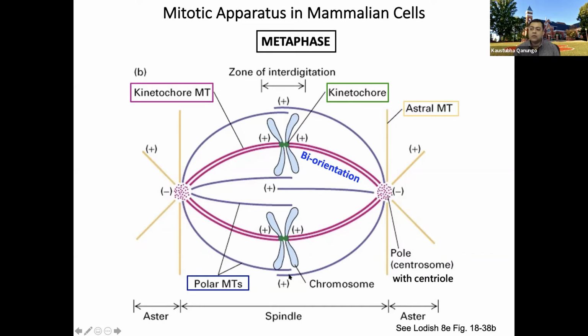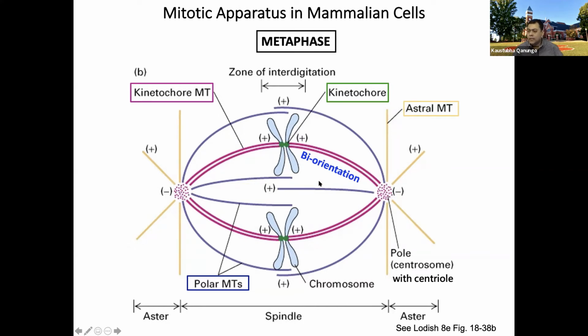And that is actually important. That's the reason we call it a zone of interdigitation. This interaction only happens with the polar microtubules. Remember that interdigitation will not happen with the kinetochore microtubules, and I'll explain why.